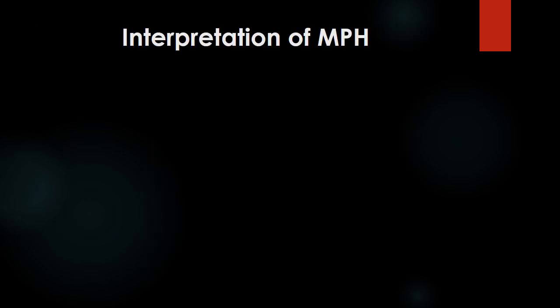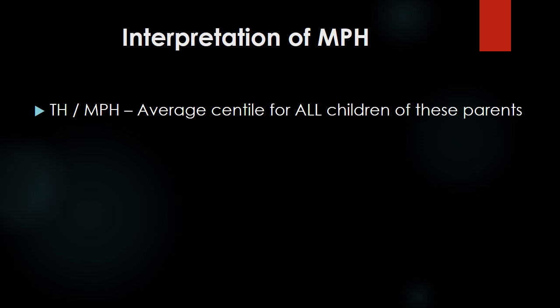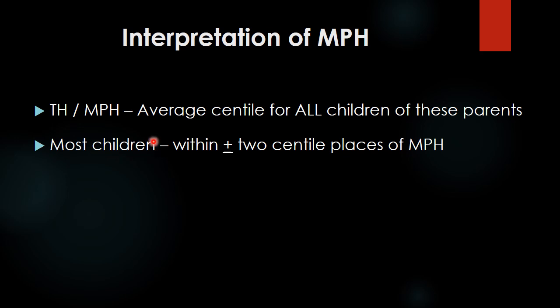As far as the interpretation of mid-parental height is concerned, as has been said, this is the average centile for all children of this couple. This gives us their target height. So most of the children of this couple, their height would lie within 2 centile places of the mid-parental height.